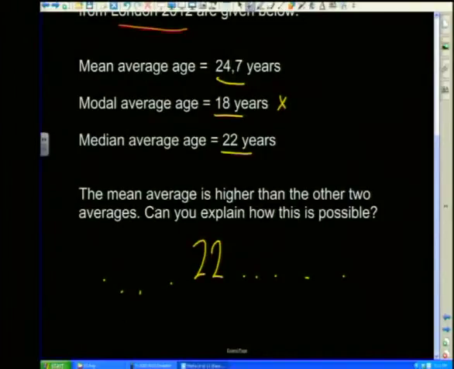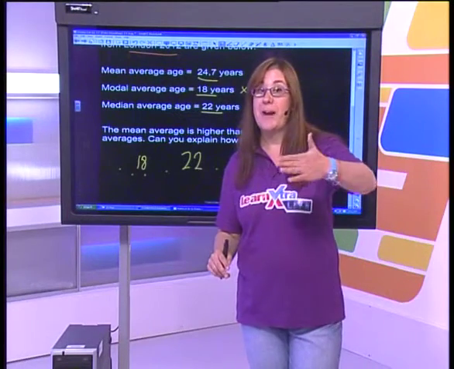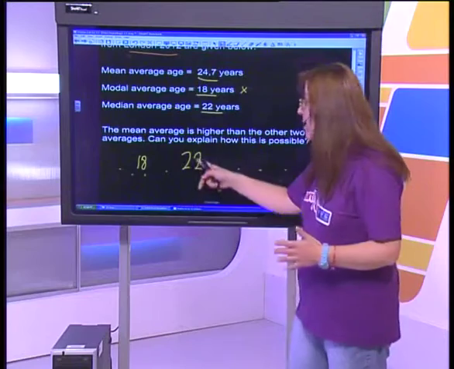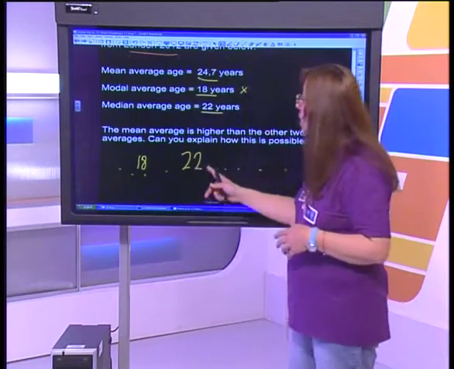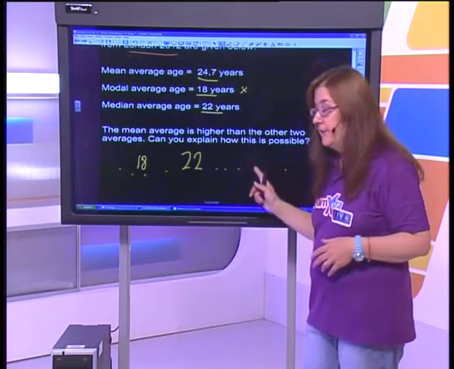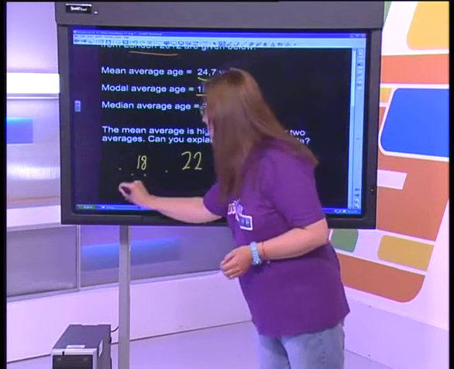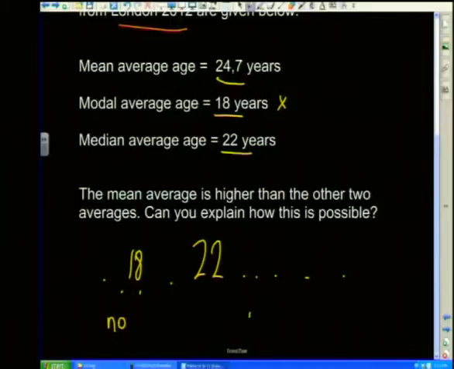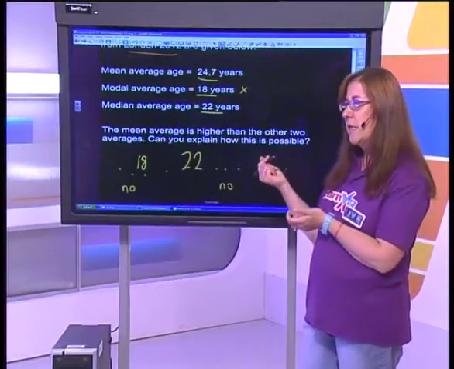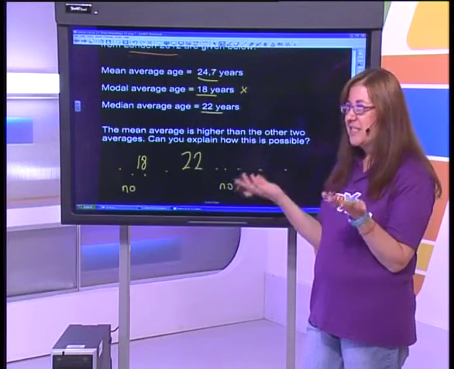We know our modal age is 18, so we've got quite a few that are 18, and I'm guessing that we don't have very much younger than 18. But there are probably quite a lot of swimmers older than 22. Okay, so the number here is equal to the number there. But this number here must be much higher than those 18. How old do you think the youngest swimmer was? Probably about 16, 17?